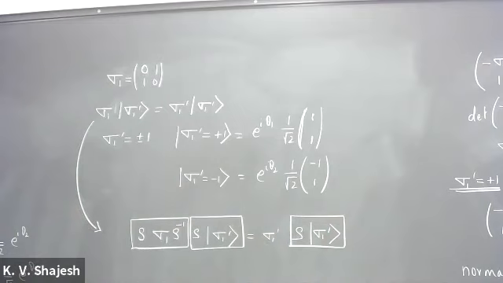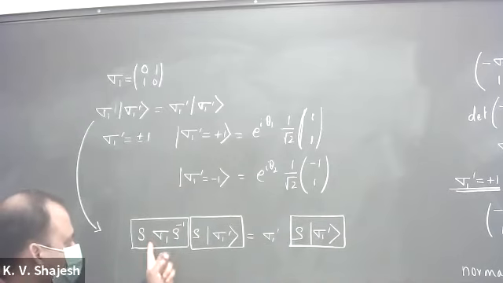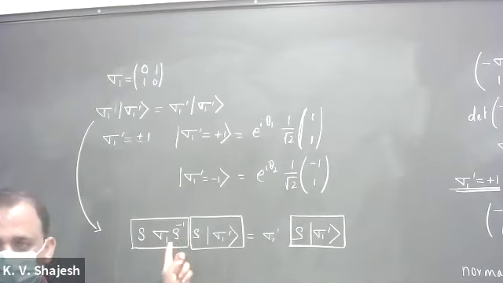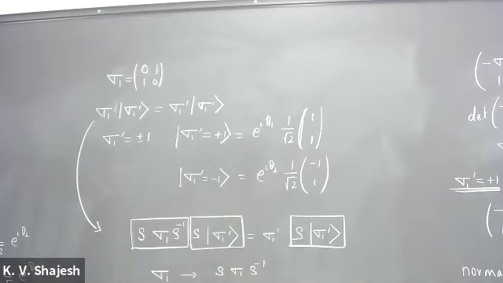Agreed? So the statement is that the eigenvalue equation is unique only up to a transformation matrix S. Right? If I were to change sigma 1 to S sigma 1 S inverse and all the eigenvectors as S times sigma 1 prime, everything remains fine.